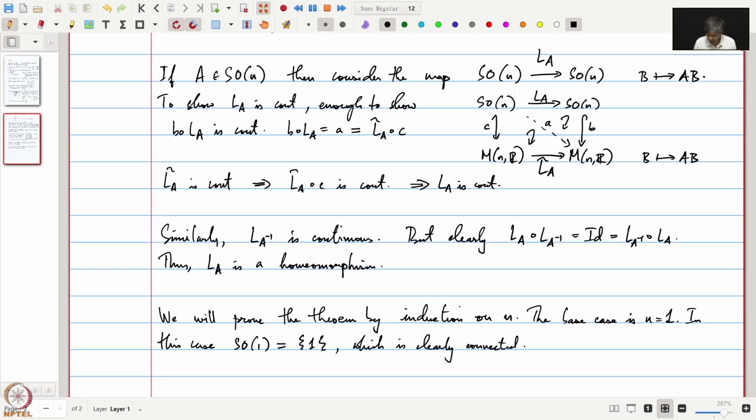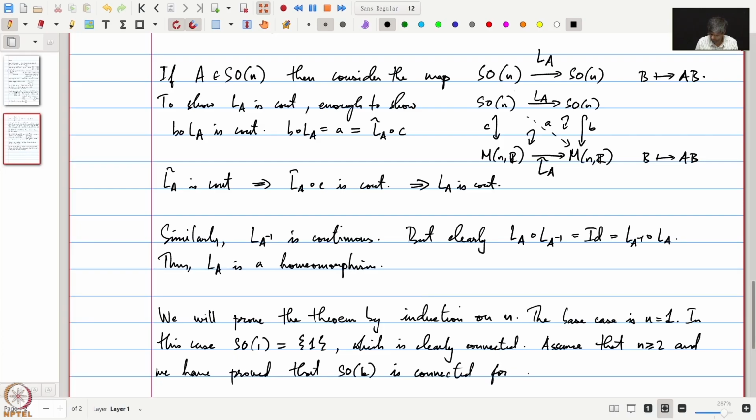Right. So assume we have proved that SO(k) is connected for k lying between 1 and n, where n is greater than or equal to 1.